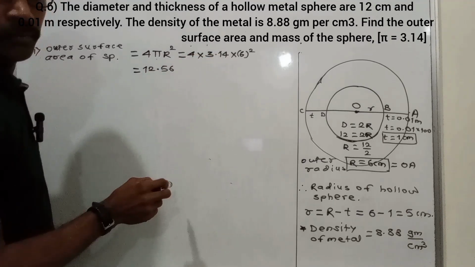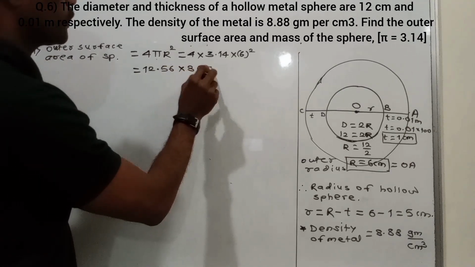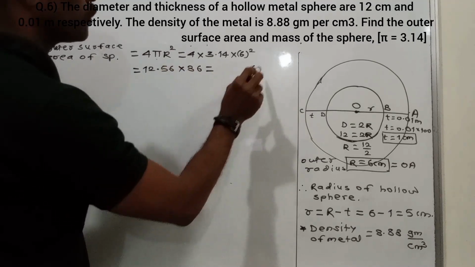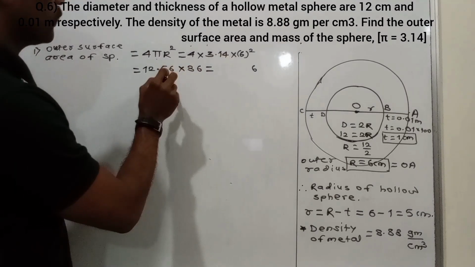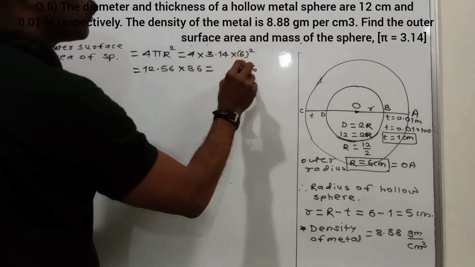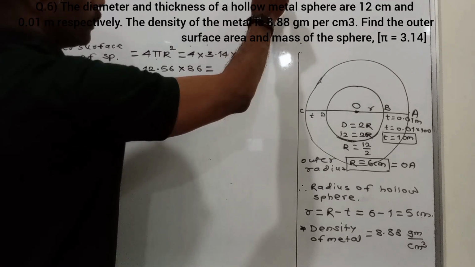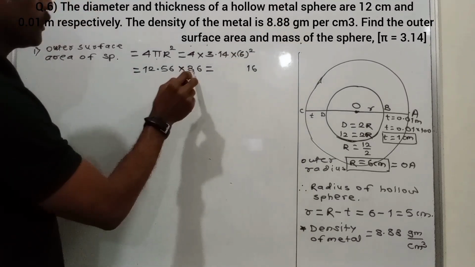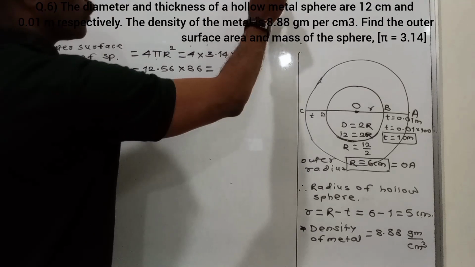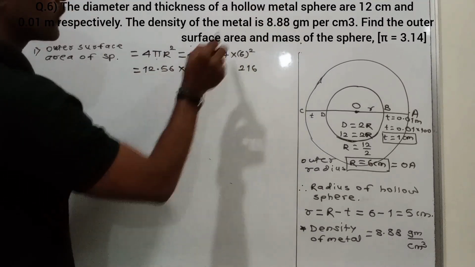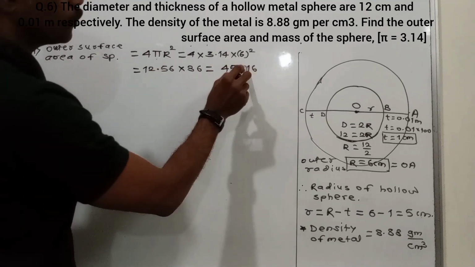12.56, 4 into 3.14 into 36 is equal to, 36 6s are 216, 36 5s are 180, 180 and 21 means 201. 36 2s are 72, 92, 36 1s are 36 and 45. 2 decimal places, 1 2.